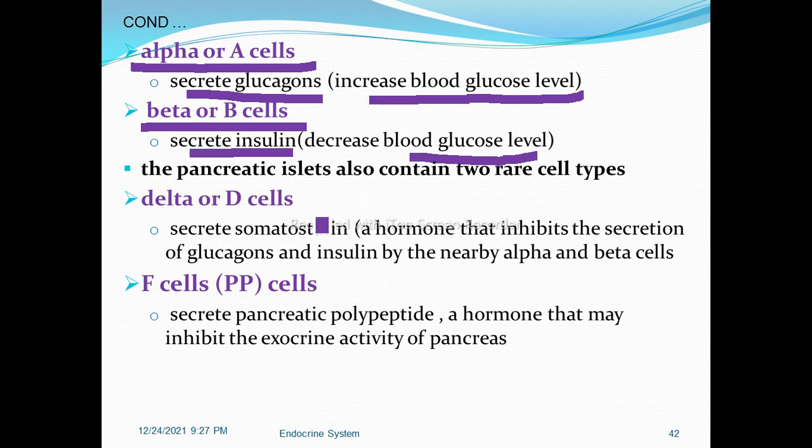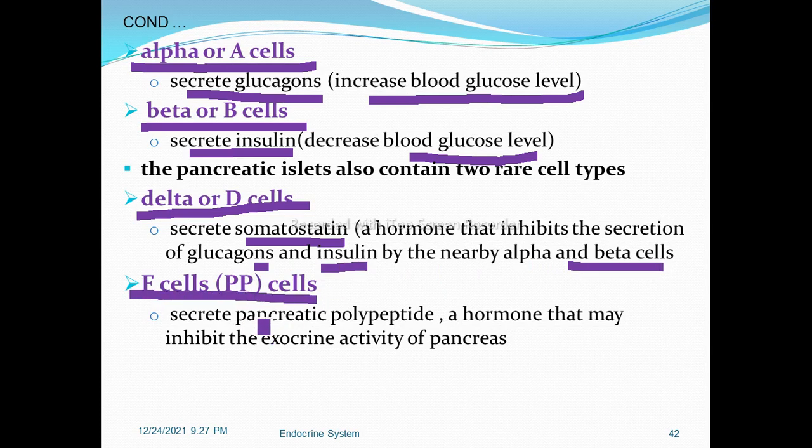The other type of cell is the delta or D cell. This secretes somatostatin, a hormone that inhibits secretion of glucagon and insulin by nearby alpha and beta cells. The other is the PP cells or F cells, which secrete pancreatic polypeptide, a hormone that may inhibit exocrine activity of the pancreas.